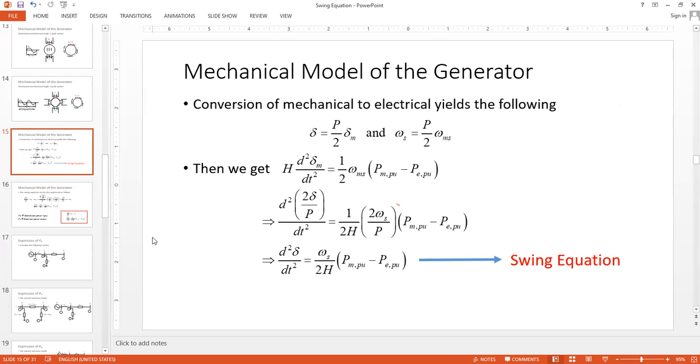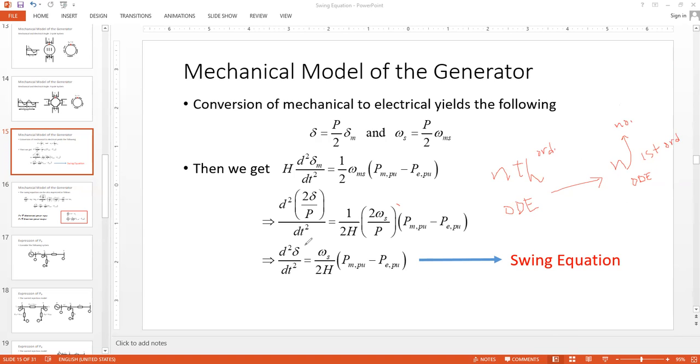Now, interestingly, any second order system, or in general any nth order ODE, can be transformed into n first order ODEs.